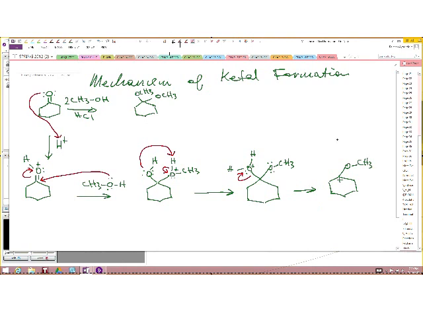And in so doing, what are we doing? We are forming a carbocation. And once we form that carbocation, what happens?